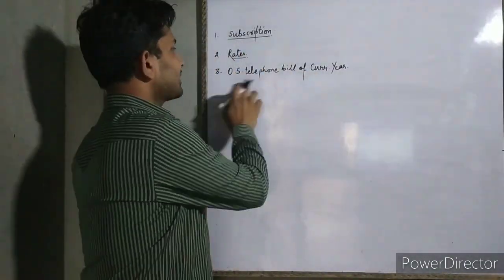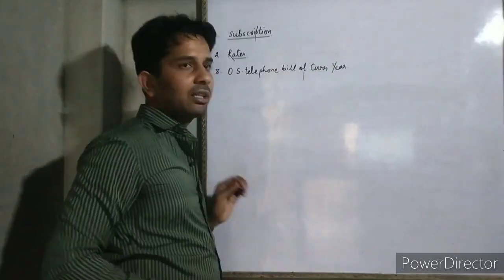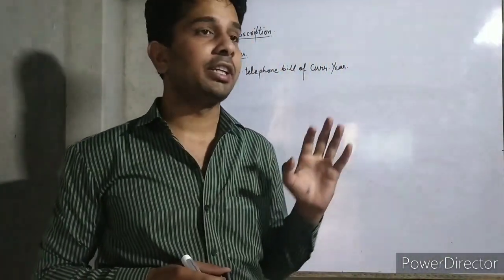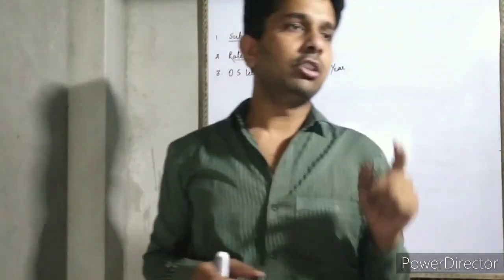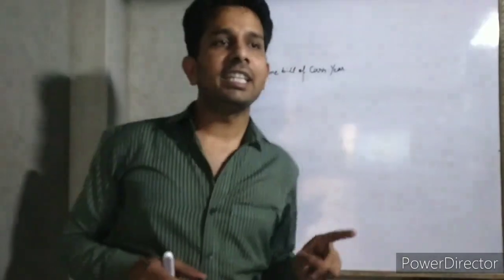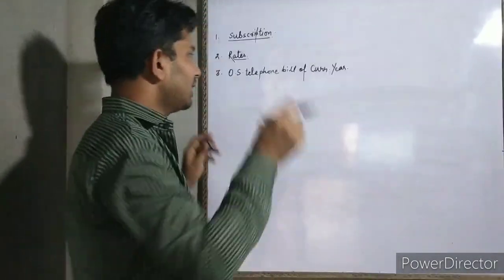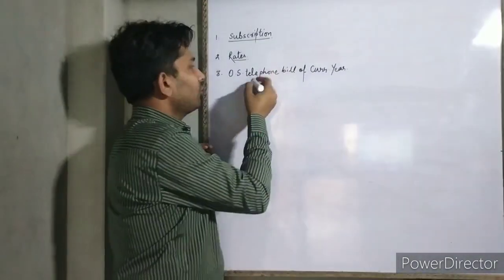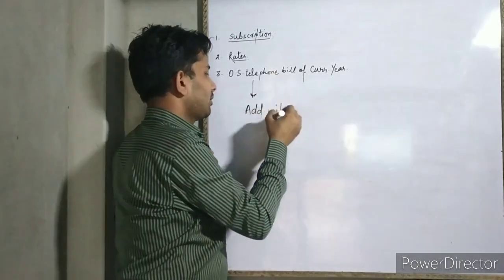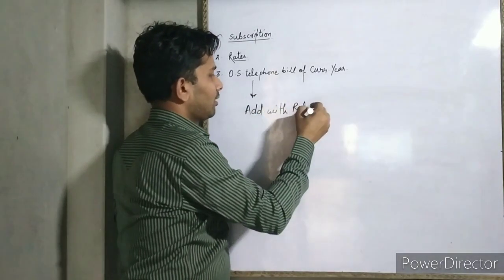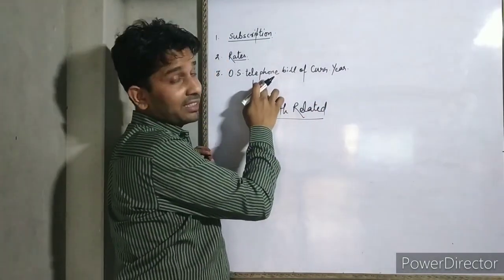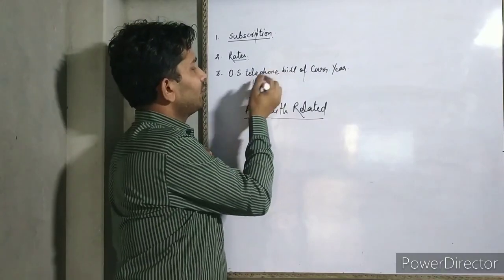Okay, now the outstanding telephone bill of the current year. The question is mentioning that there was an outstanding telephone bill of rupees 1,400 on March 31st, 2015. It is the outstanding bill of the current year, so the outstanding bill is to be added with the related item.